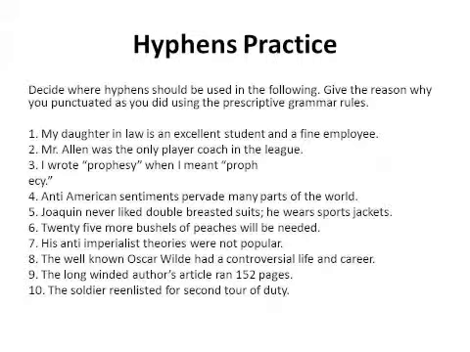Let's start at the beginning. Daughter-in-law is 3 words used as a single noun. In the second example, Mr. Allen was the only player-coach because this is also 2 words used as a single noun.